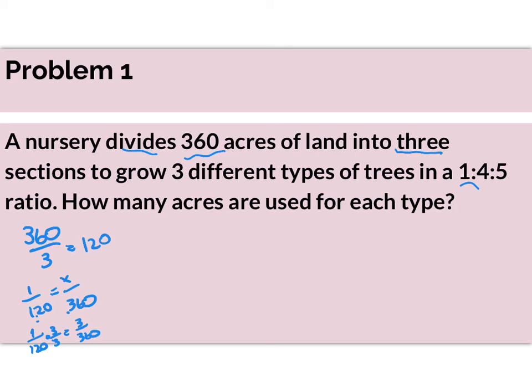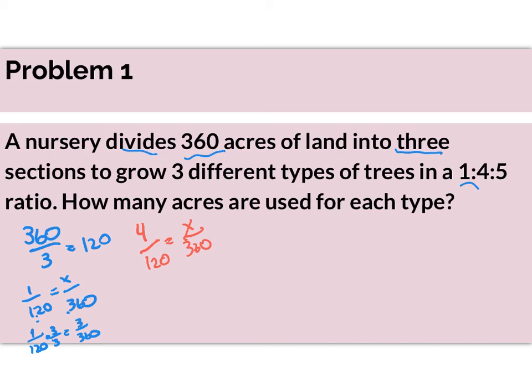All right, so now we have 4 trees. We just had a peach tree. Now we got a cherry tree. So we got 4 cherry trees sitting on 120 acres. And our total acreage is 360 acres. So how many cherry trees in 360 acres?